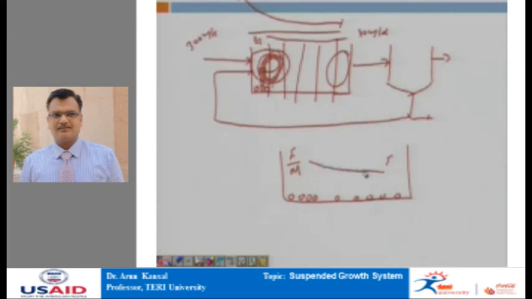As we go down, the food decreases, so the F by M ratio decreases. So, it lowers the F by M ratio and lowers the oxygen demand at the lower end. The spacing of diffusers is thus increased towards the tank outlet to reduce the oxygenation rate.